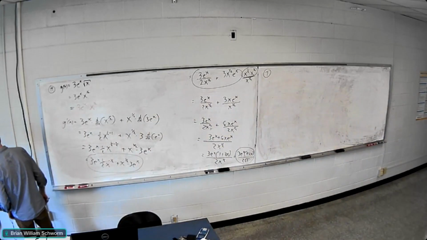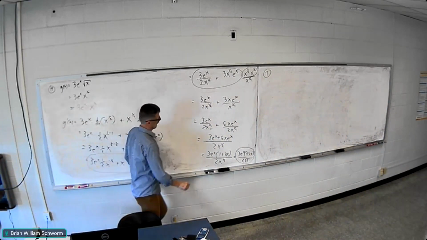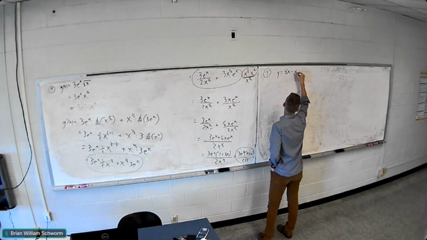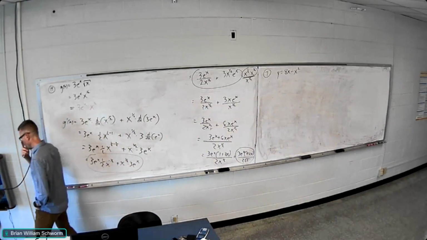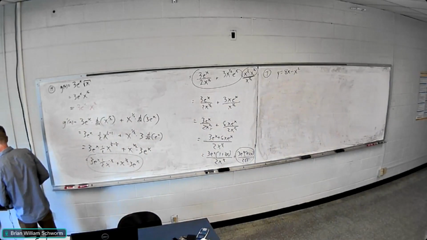Number 7 says, consider the parabola 8x minus x squared. And it wants us to do two things. Find the slope of the tangent line to the parabola at the point 1, 7.